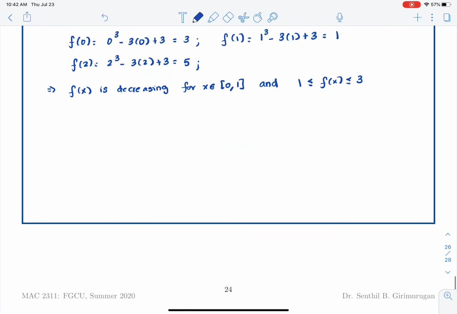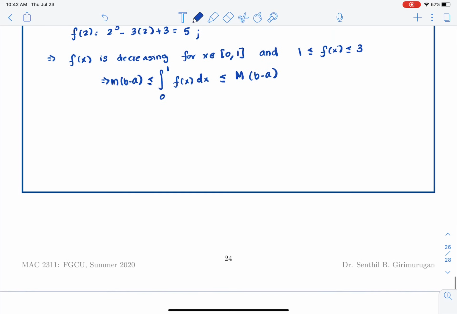Which would mean the integral from 0 to 1 of f of x dx has to be less than or equal to uppercase M times b minus a, lowercase m times b minus a. So the lowercase m would be 1, uppercase M is 3.